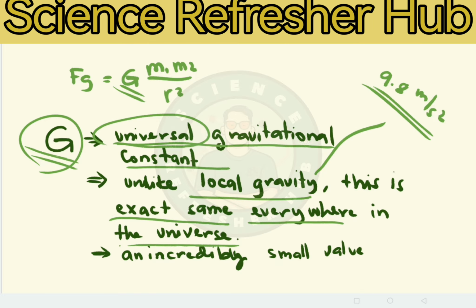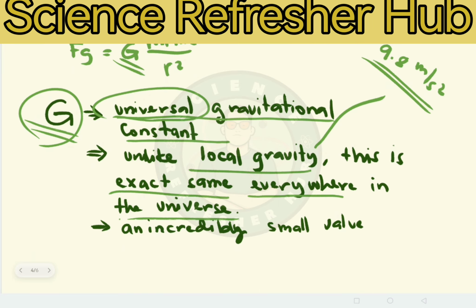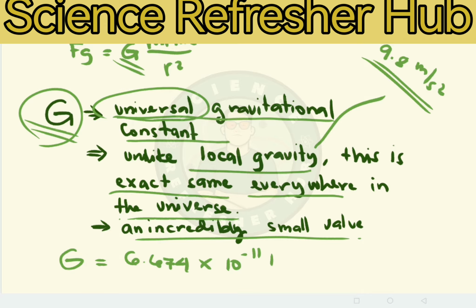But the value is incredibly small, and I'm going to give you this universal constant. Note G is equal to 6.674 times 10 raised to negative 11, and the unit is Newton meter squared per kilogram squared.